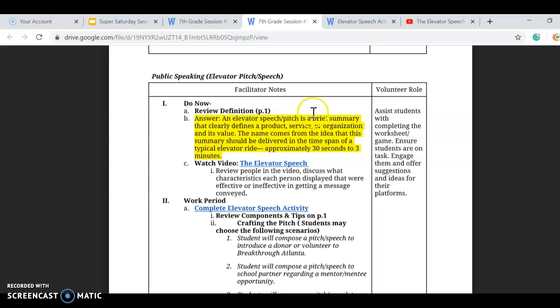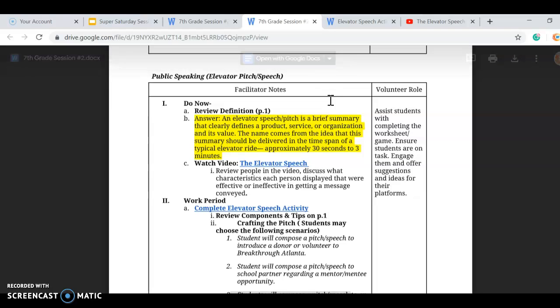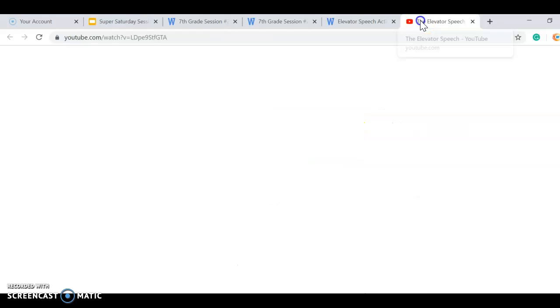And at the end, the last actor in the video possessed the best qualities for them to be memorable and gain the attention of the audience whom they were speaking to.